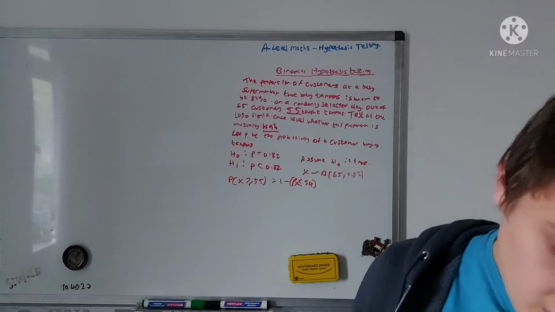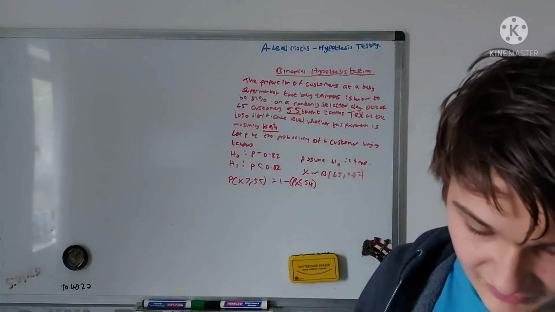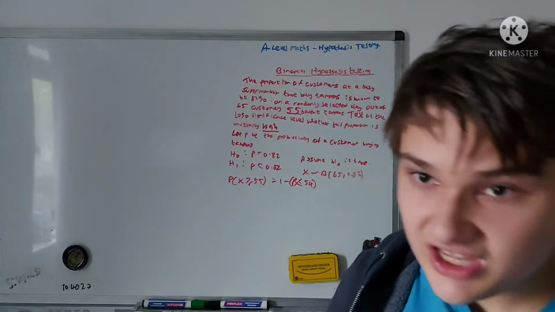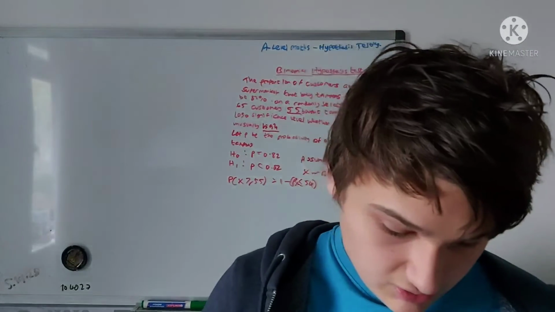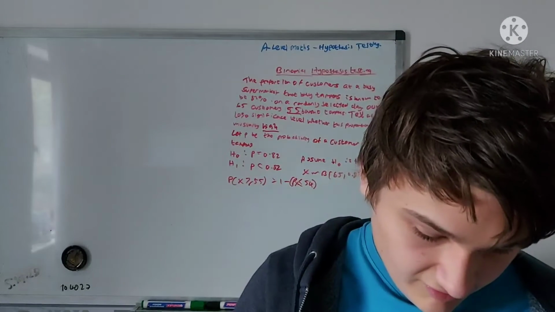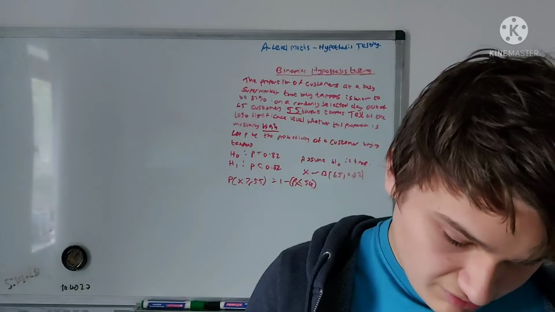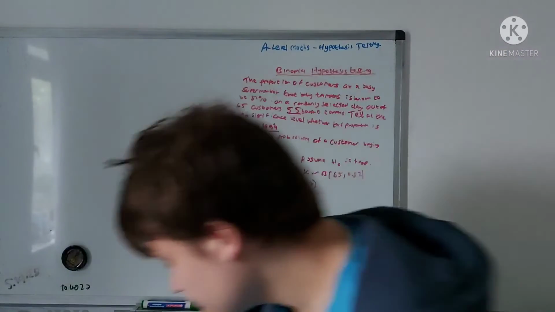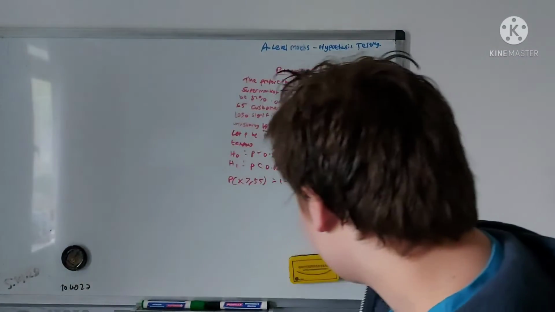The x this time is 55, but it's still the same, and we now want 54, don't we? Because we're doing 1 minus it. Okay, so let's get this written down.